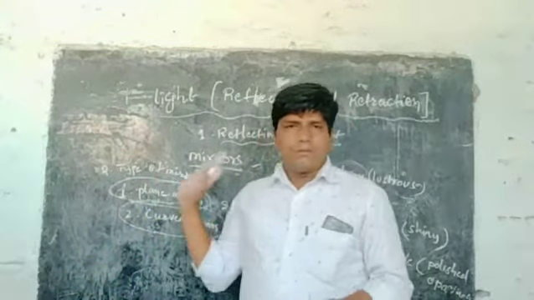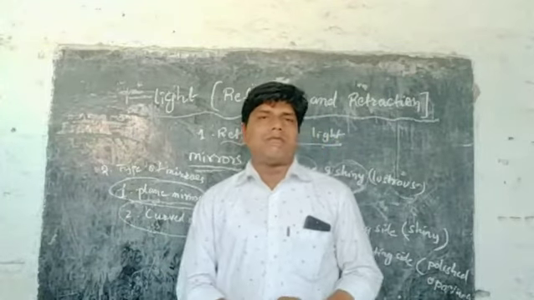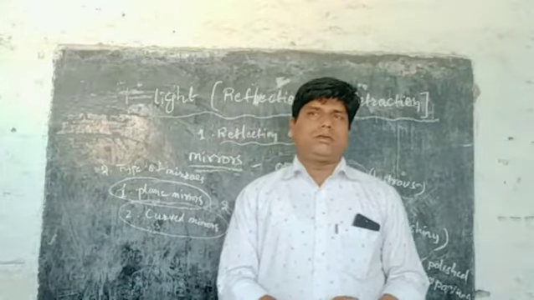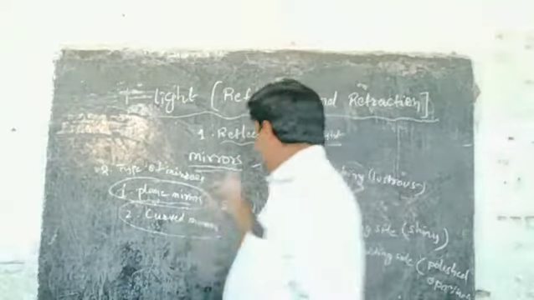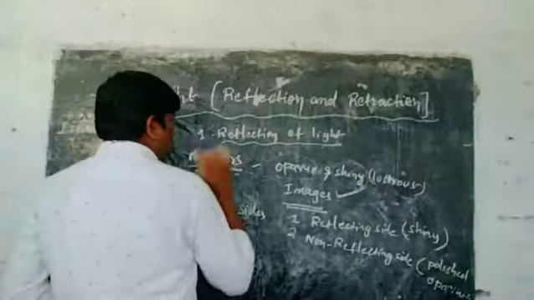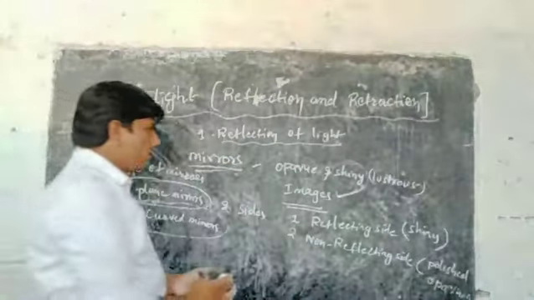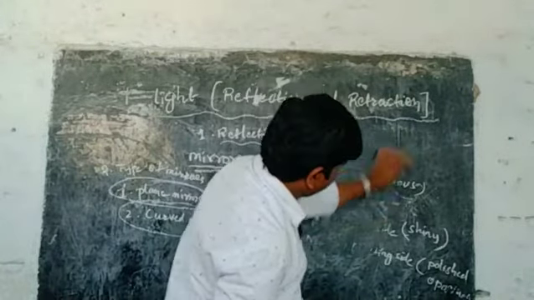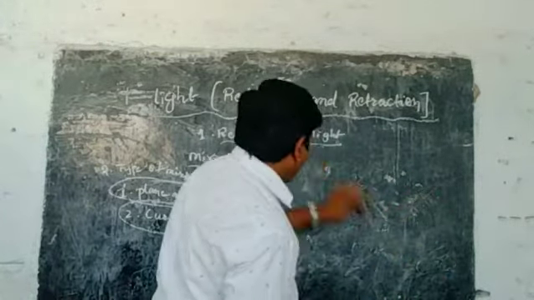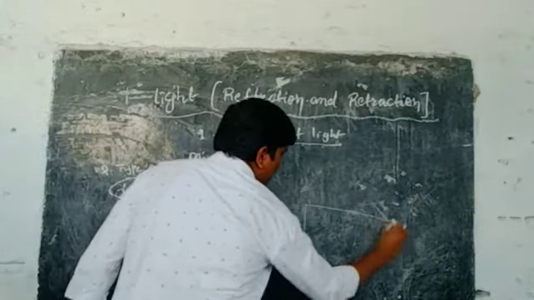So mirrors are opaque and shiny objects. They form the images of the corresponding objects. Mirrors follow the reflection of light. Here we try to understand the concept of reflection of light in an easy way. Let us suppose this is a plane mirror.